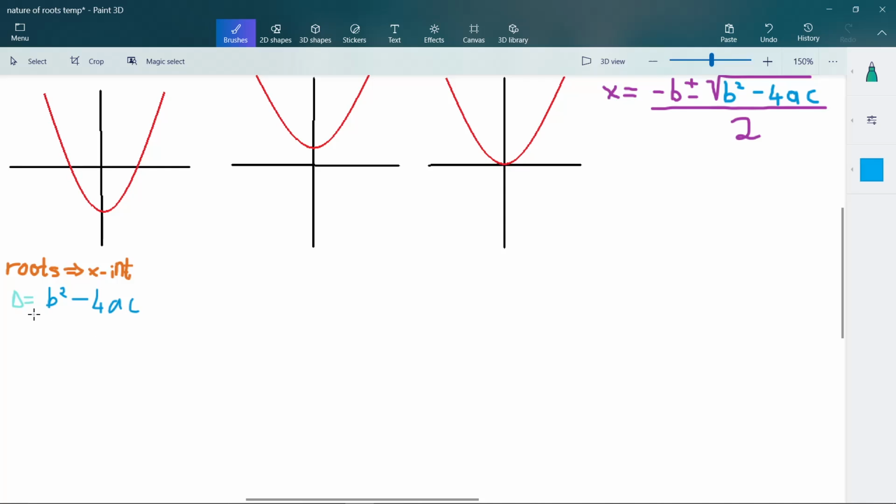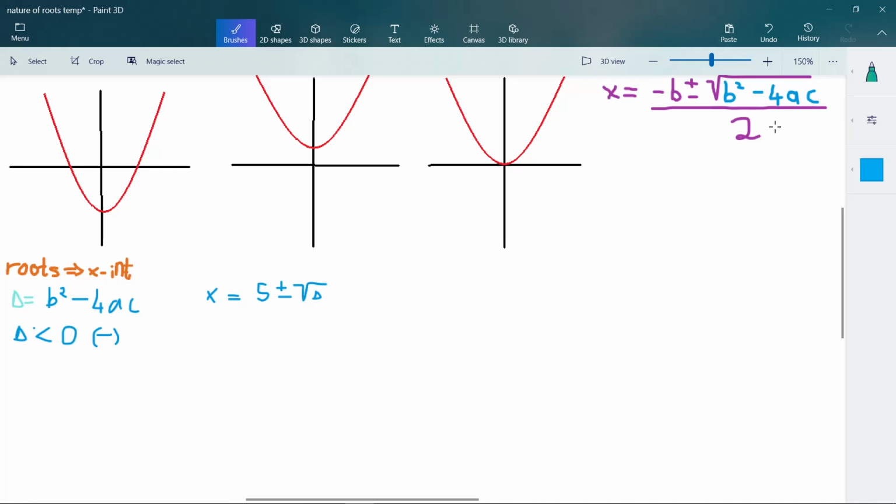Say you are in the process of finding the nature of roots, and you find that the discriminant is less than 0, which means that the discriminant is a negative number. What do you think will happen? From the quadratic formula, let's say x is equal to negative b, let's say it's 5, plus or minus the square root of, and in here you have to put in the discriminant.